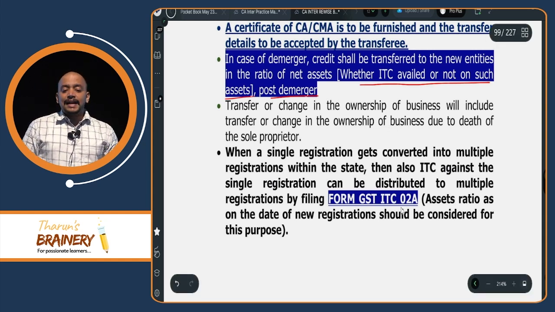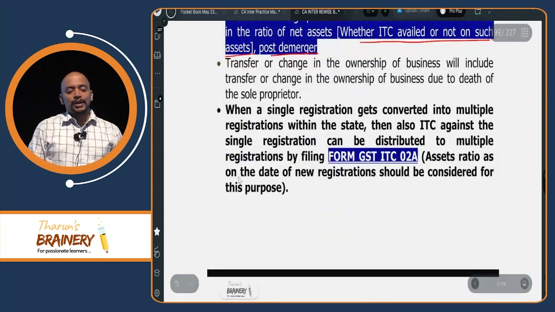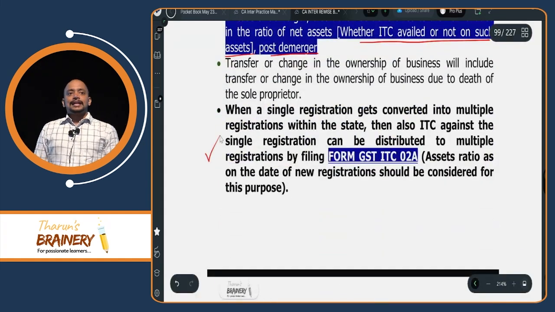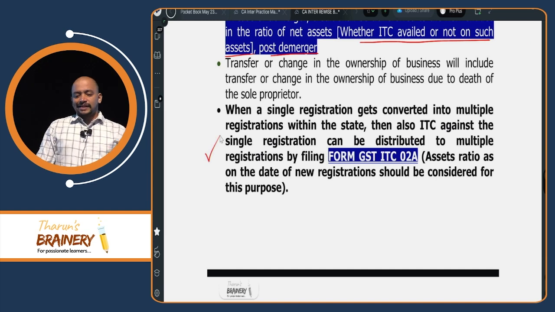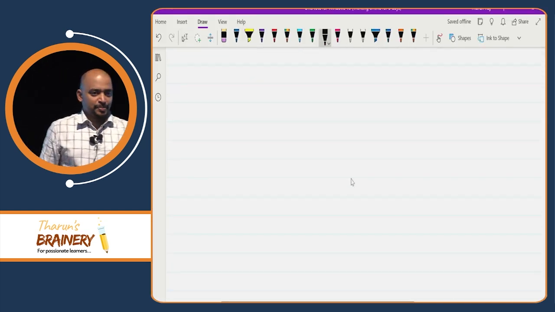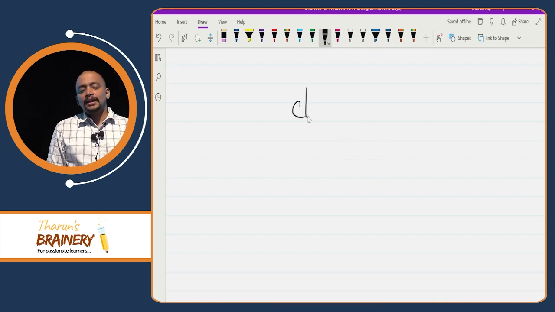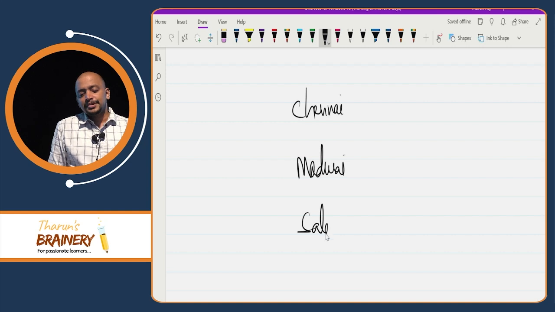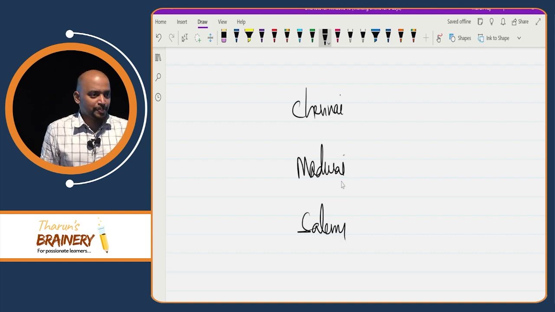Then this Section 18(3) is also applicable in one more situation. That is, within the state, there is only a single registration with respect to multiple places of business. Say for example, I have business in 3 places within the state: Chennai, Madurai and Salem. So in 3 places I have a place of business.